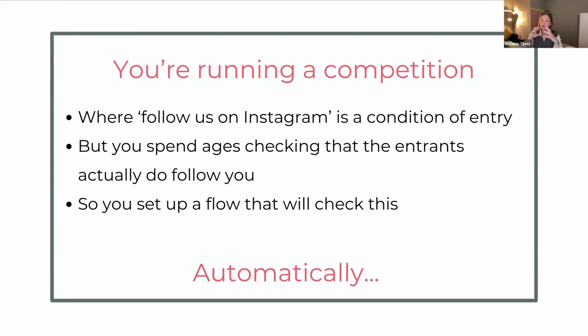You can then use the Manychat condition to see whether they follow your account and then ask them to follow you before their competition entry becomes validated. So they can't validate their entry into your competition until that Manychat condition has recognized that they follow you and it will let them through. So that is another super powerful one.